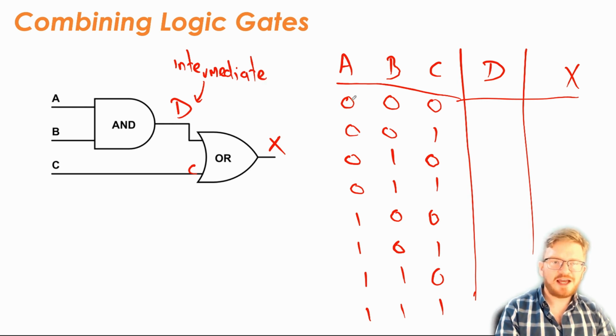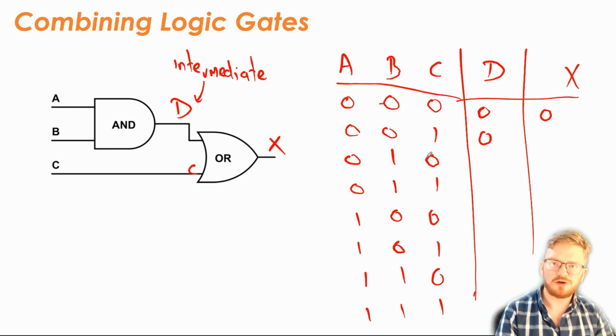So, if A and B are both 0, D will be 0. Then going into the OR gate, I've got D and C. In that case, neither of them is high, so X will also be 0. If A and B are both 0 again, D will still be 0. But now X has D and C going into it.